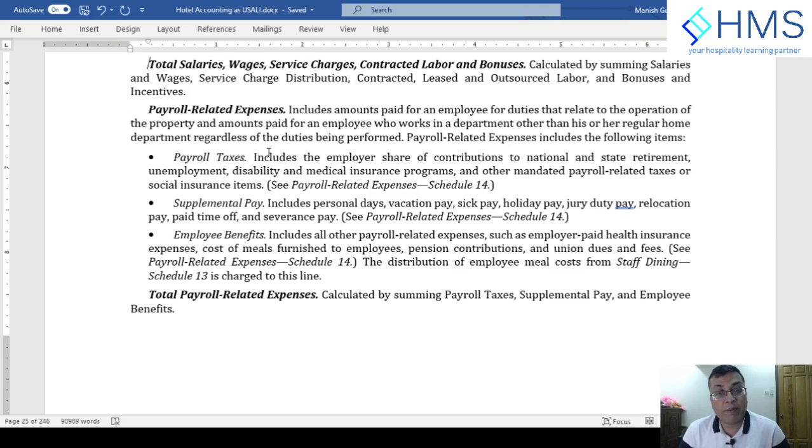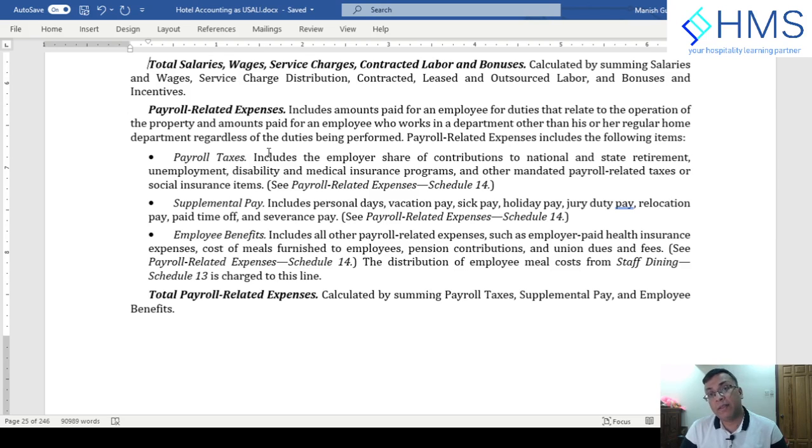Then you have supplemental pay, meaning the pay related to the vacation, sick leave, holiday. So usually employees go on leave, so the basic pay related to those days will be deducted from the salary and wages and will be charged here. Usually the company is making a provision every month.